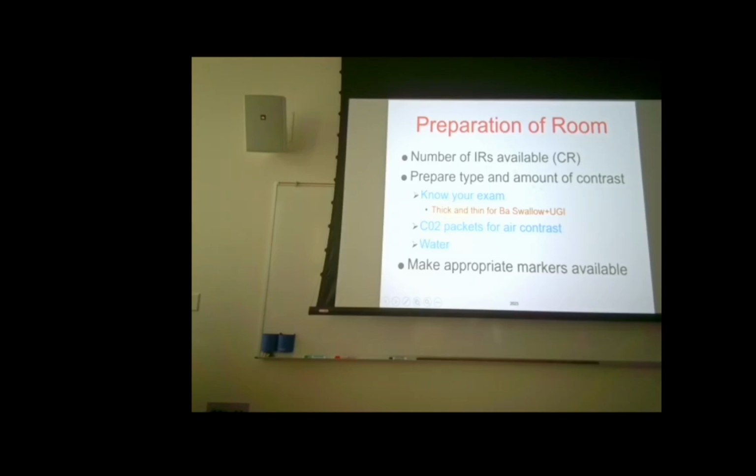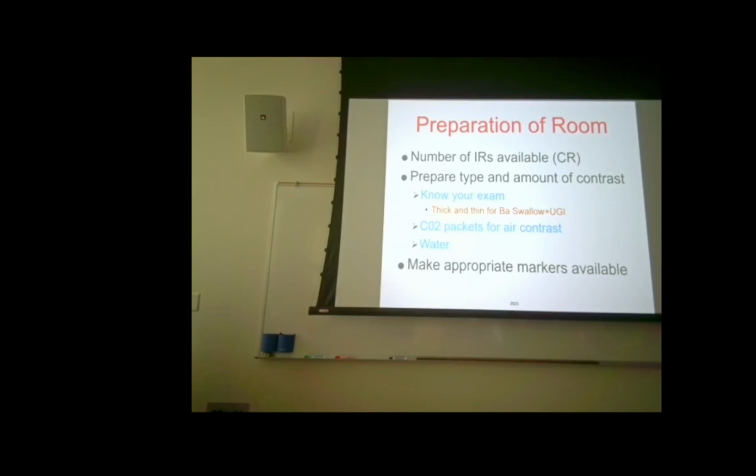So your number of IRs available, that will be in a CR type room. Make sure you have proper contrast. We've been through all that. Make sure you have your appropriate markers, not just your markers, but some hospitals want you to put specific markers for the exam type.